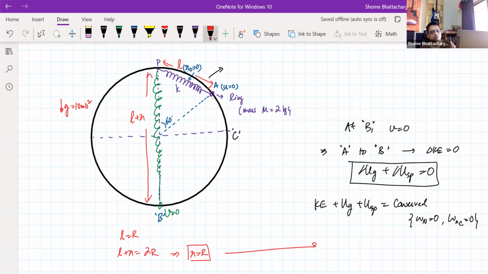So from here to here, this is the height: r sine 30 plus r by 2.